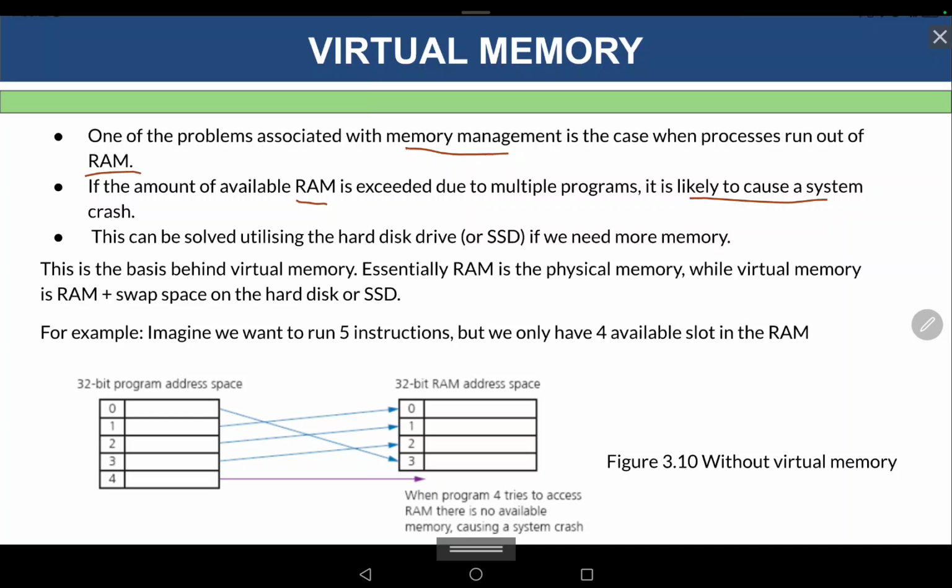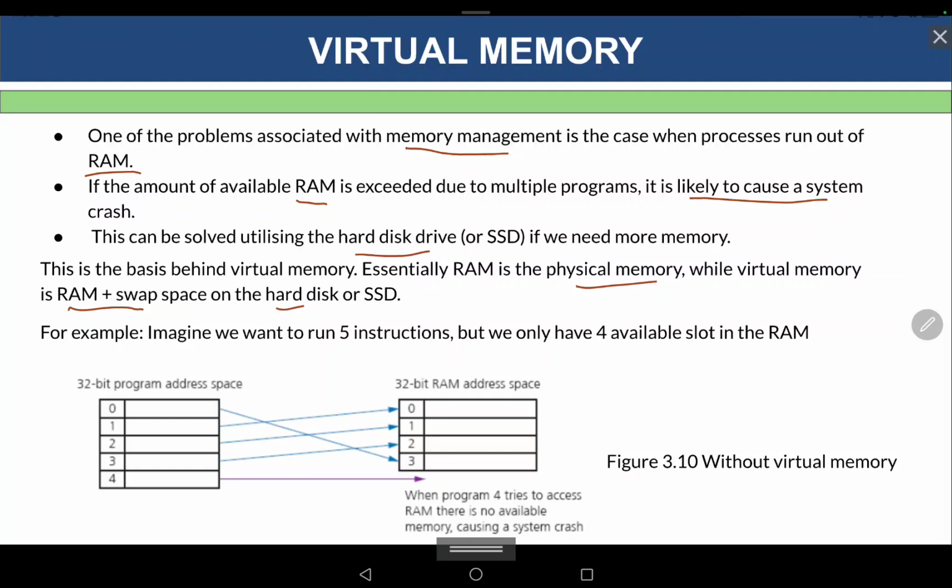So in order to solve this problem, HDD or SSD is utilized as the virtual memory if there is need for more memory. RAM is the physical memory, while virtual memory is RAM plus swap space, which is HDD or SSD.